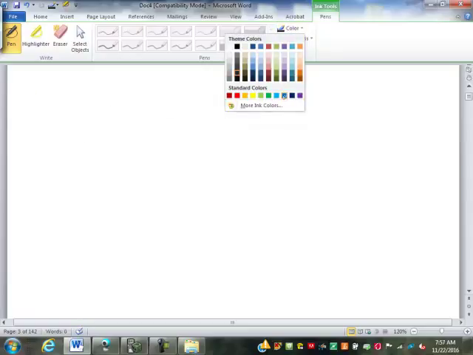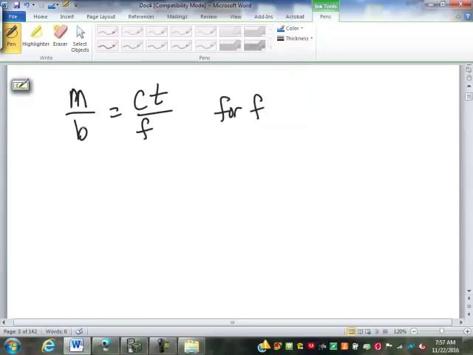Well, since this is in a proportion right now, one fraction equals another fraction, to solve for f, I can treat that as though that's the missing number, and I would just cross multiply and divide. So b times ct is just bct divided by m, and f equals that.